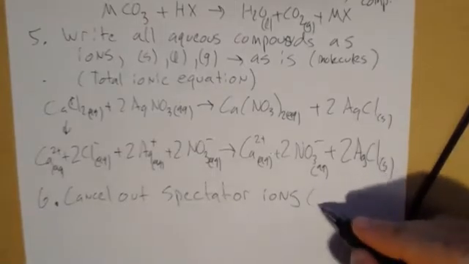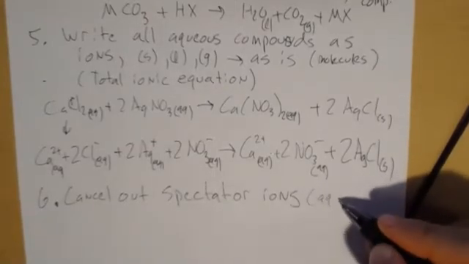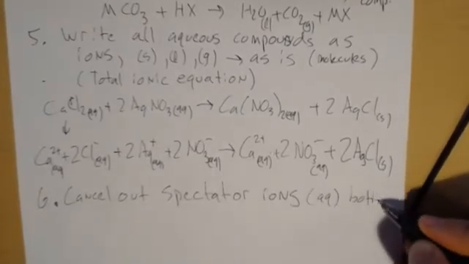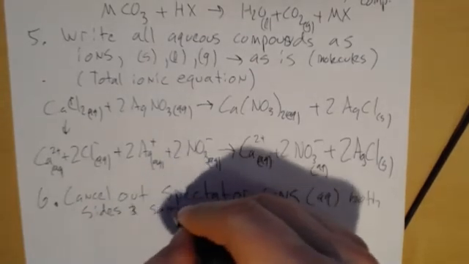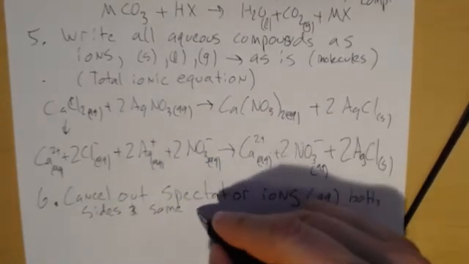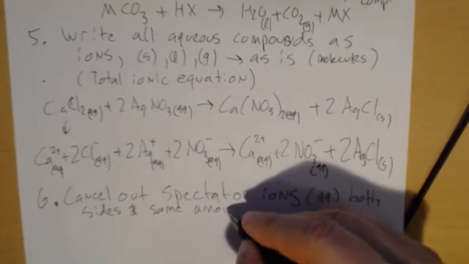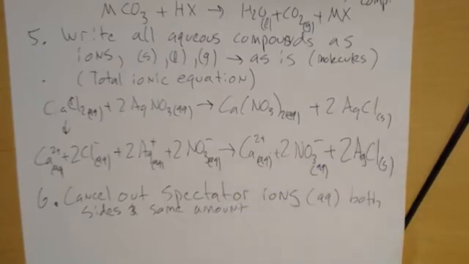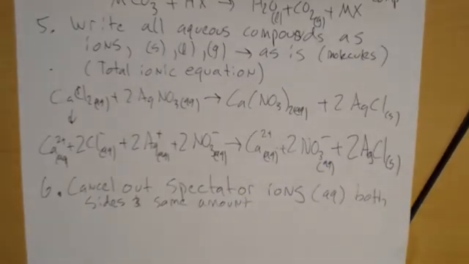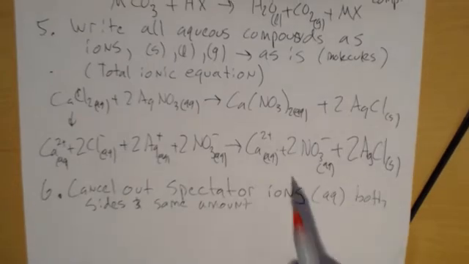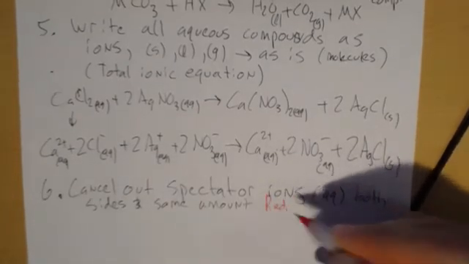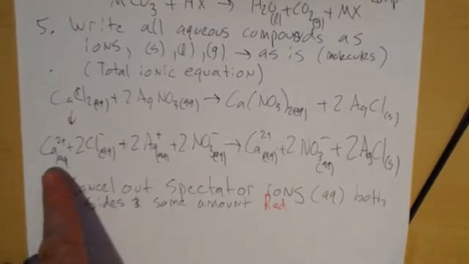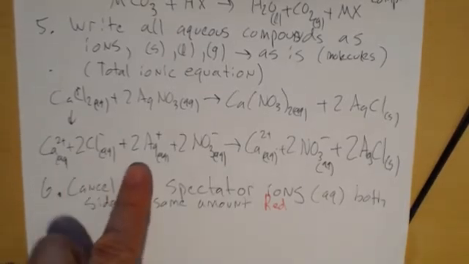These ones are probably aqueous on both sides and the same style and amount. Instead of rewriting this all over again, let's just cancel out in red. What cancels out over here? Anybody? What's the same on both sides?